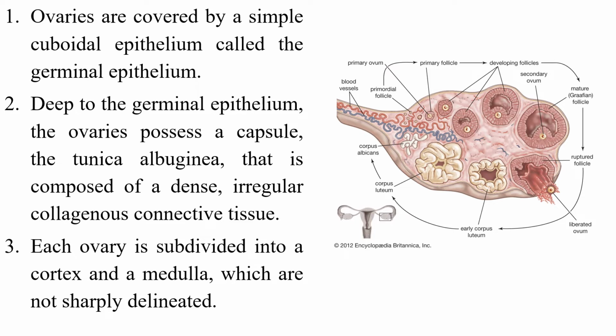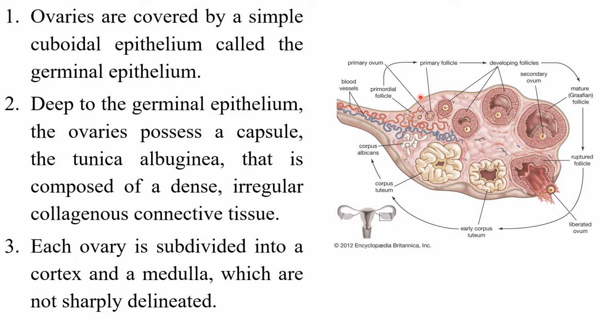Histologically, the ovaries are covered by a simple cuboidal epithelium called the germinal epithelium. This is the outermost part, the epithelial covering or germinal epithelium.